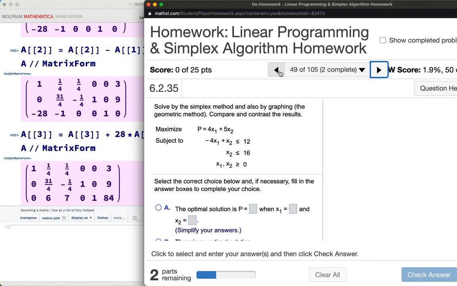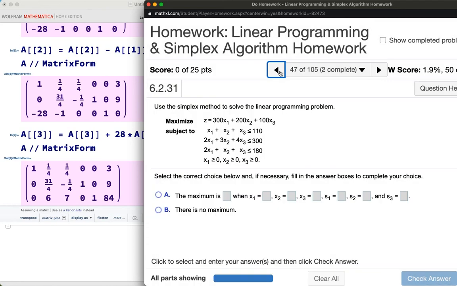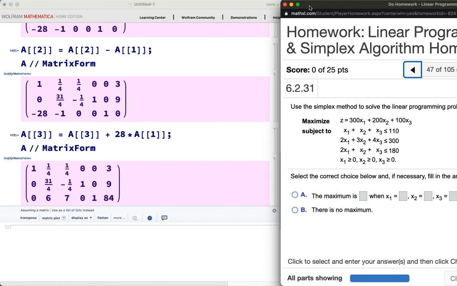Well, okay, the word problems I think are later on in your homework. That's okay. Okay, let's do number 47, although I have a feeling this one is going to take some time, but that's okay.